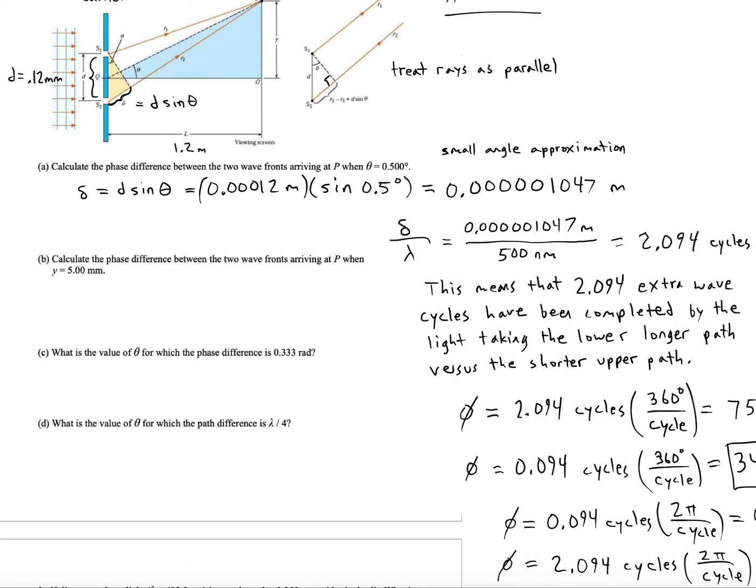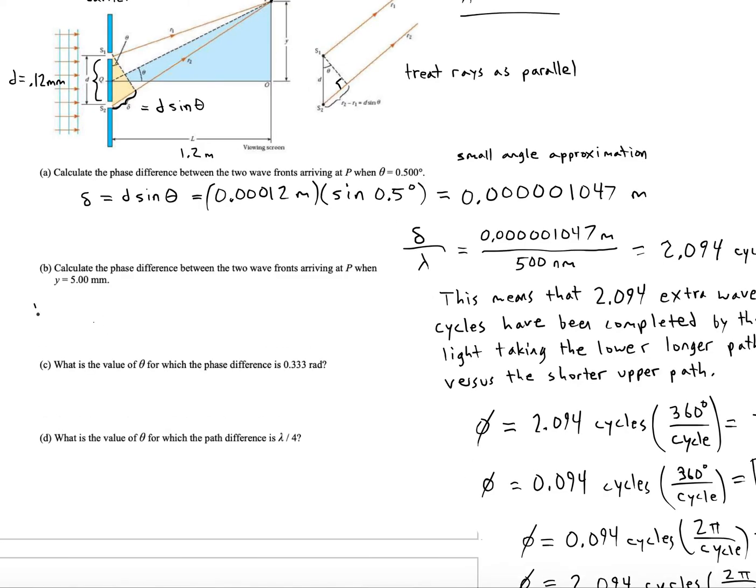Alright, what else do they ask? They say calculate the phase difference between two wave fronts if y is equal to 5 millimeters. There's a relationship between lambda and y. So for that I would use the formula y equals m lambda L over d.